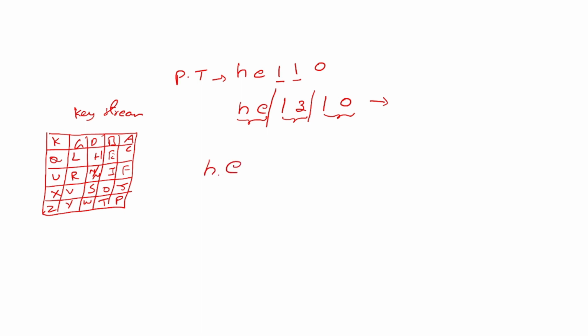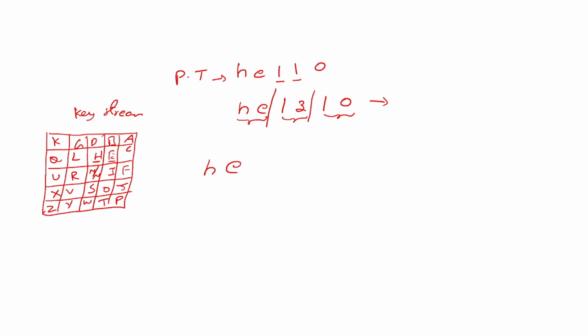Check whether the two characters are in the same row or same column. H is available here, and E. So they are in the same row. Both characters are located in the same row in the key stream.